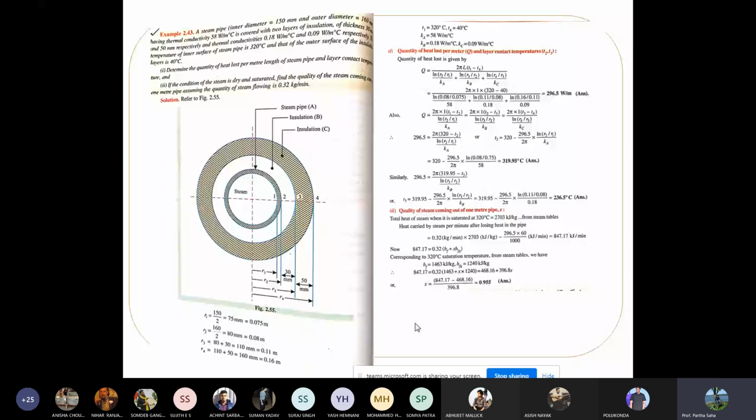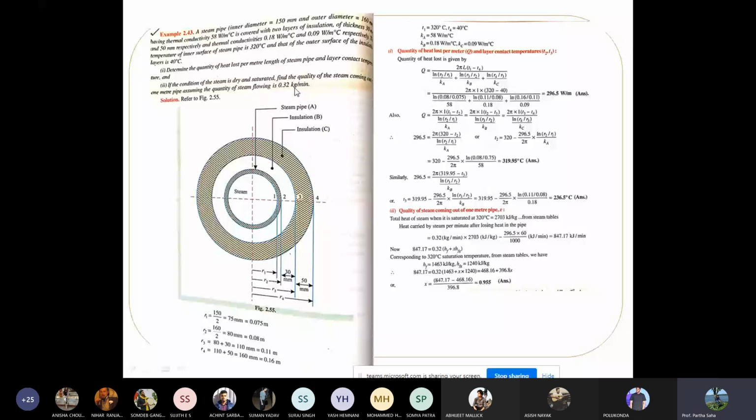The temperature of the inner surface of the steam pipe is 320 C, and that of the outside surface of the insulation layer is 40 C. Determine the quantity of heat loss per meter length of steam pipe and layer contact temperature. And if the steam is dry and saturated, find the quantity of steam condensed in 1 meter of pipe, assuming the quantity of steam flowing is 0.32 kg per minute.